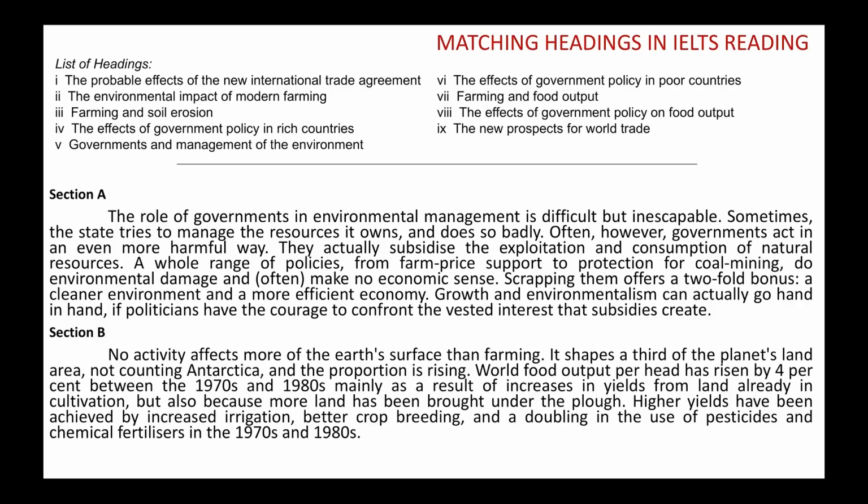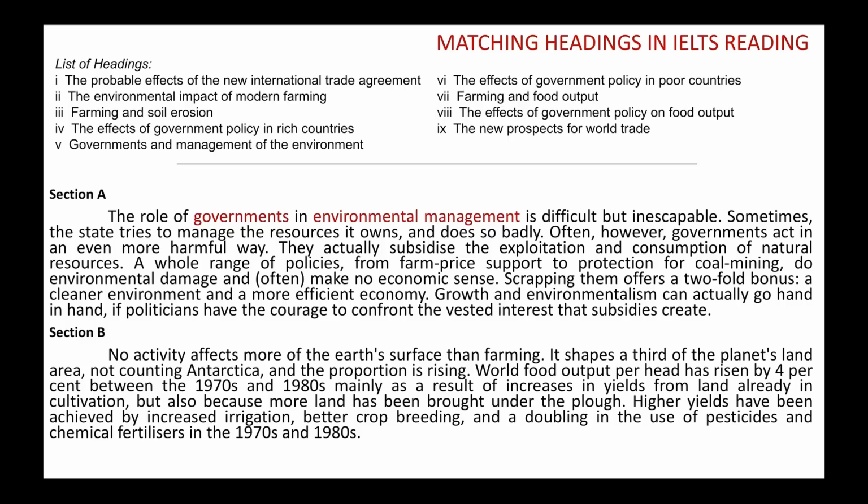Now we have to identify the keywords in the text and think which one of the headings fits best. So, in my opinion, the keywords will be governments and environmental management, because this is what we can find in our matching headings. We see that number 5, for example, tells us directly governments and management of the environment.